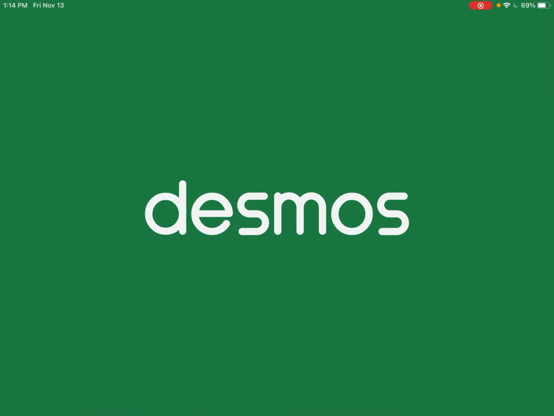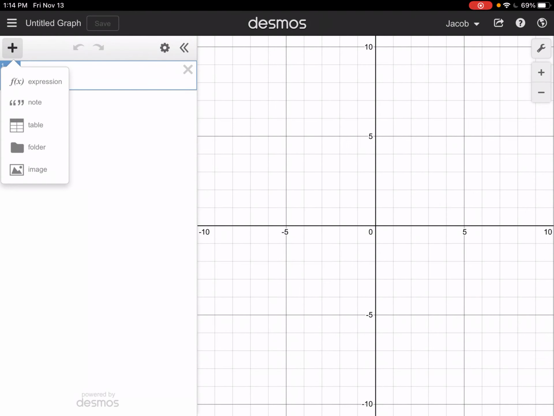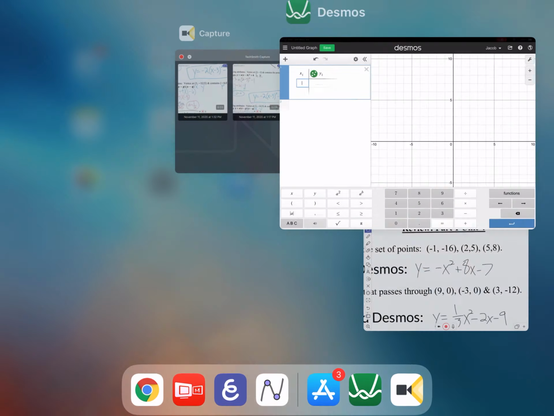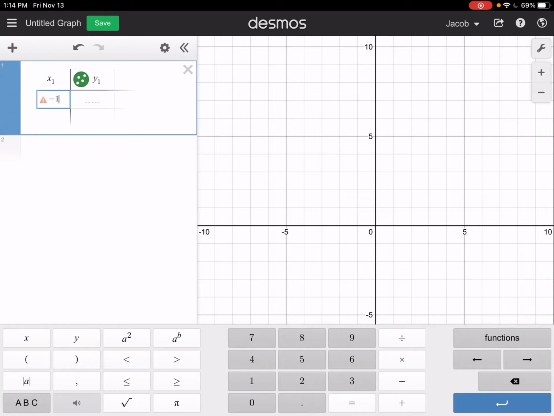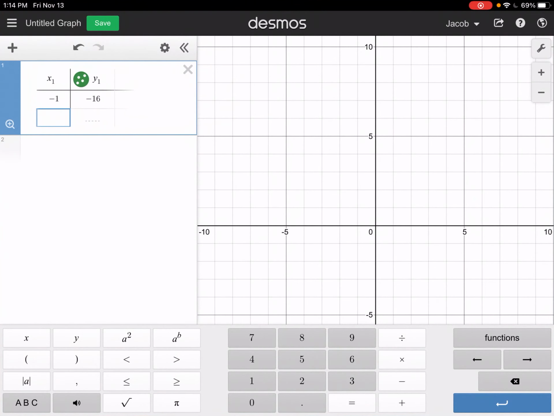So I'm going to go here and then I'm going to open up Desmos and I'm going to click the plus sign that says add an item, and then I'll just add a table, and then -1, -16, and 2, 5, and 5, 8 are my table values.